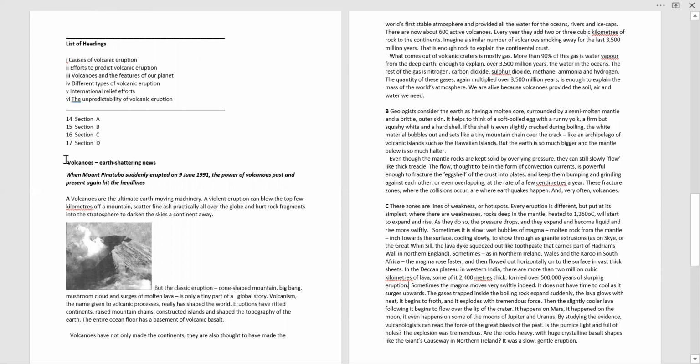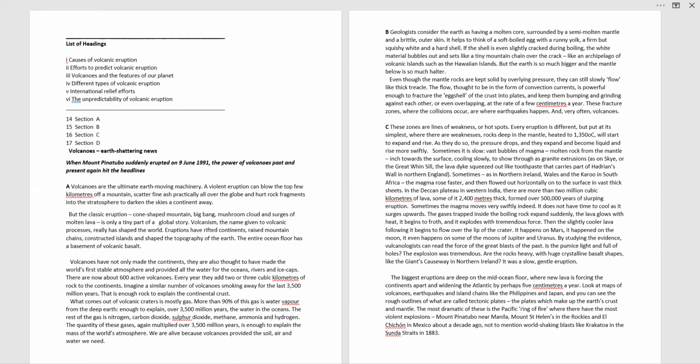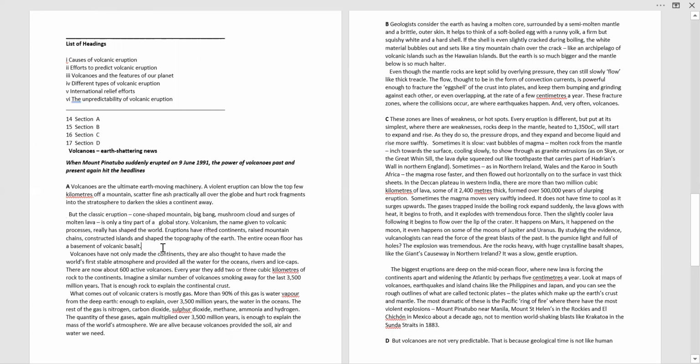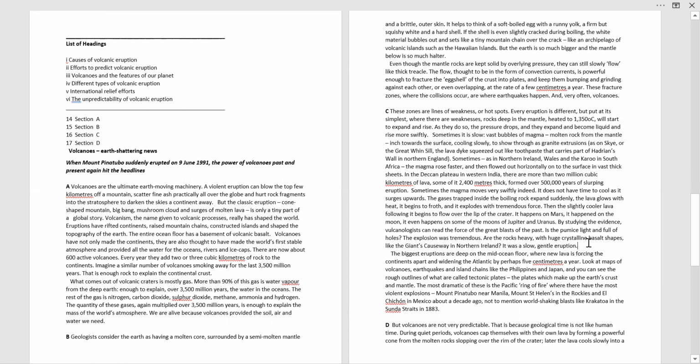Let me remove this image, I guess. Buying some space up here. When you're done with the three passages, just let me know, then I'll show passage D as well.